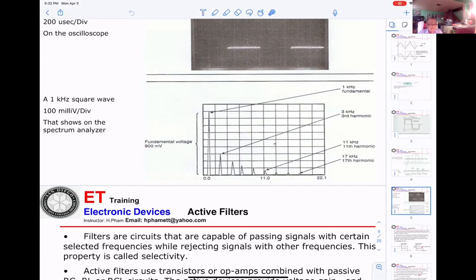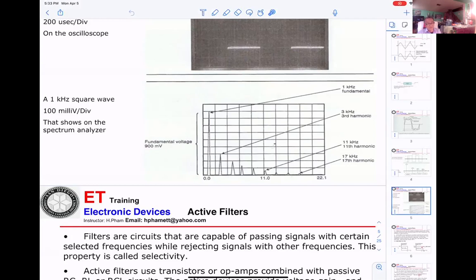If they say the fifth harmonic, then you are able to do your calculation. Fundamental harmonic for 1 kilohertz, the third harmonic will be 3 kilohertz, the fifth harmonic will be 5 kilohertz. So the bandwidth will be 5 minus 1 equals 4 kilohertz.